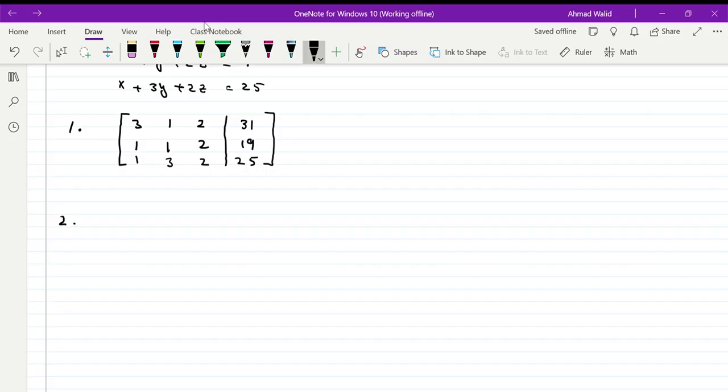Simplify this augmented matrix to row echelon form, or to your goal matrix, for 3 variables. If you are new, I recommend you write your goal matrix in front of you to know what you are doing.